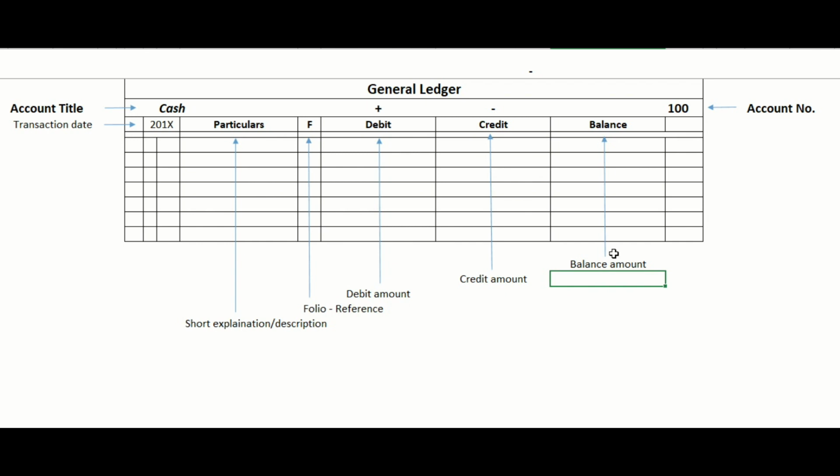And let's include the revenue, which is a credit, and the expenses, which, like the asset, are a debit. Let's proceed. But first, we need to establish what we call ledgers. Later on, we will learn how to establish a ledger.